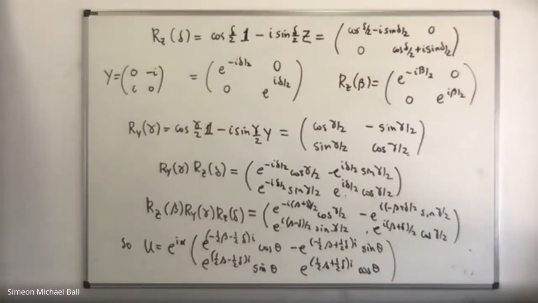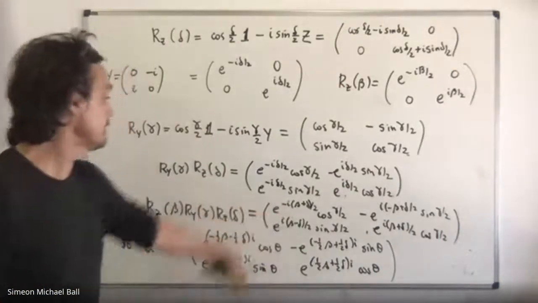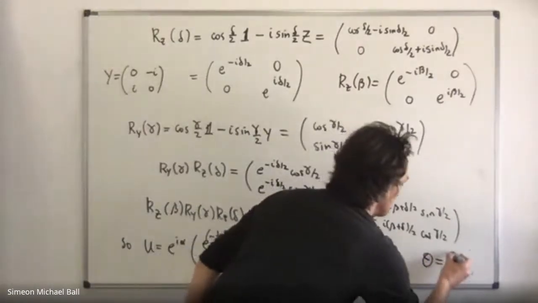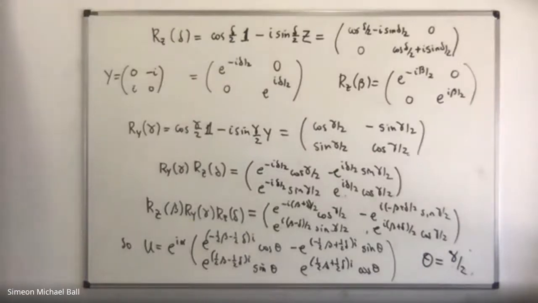And that's the same. Okay, so now all you have to do is multiply by the e to the I alpha and check that these two are the same. Okay, so we have to set theta equal to gamma divided by 2.